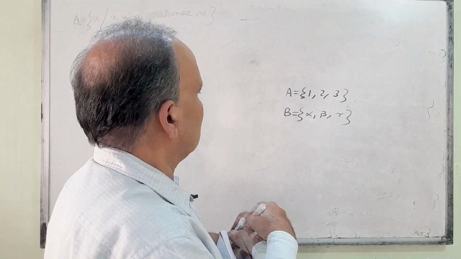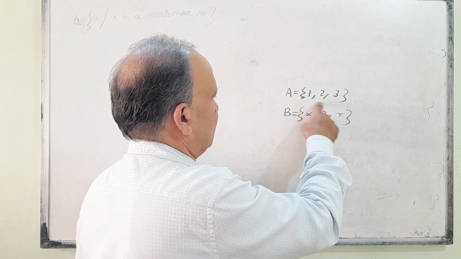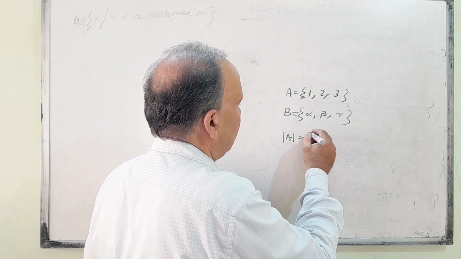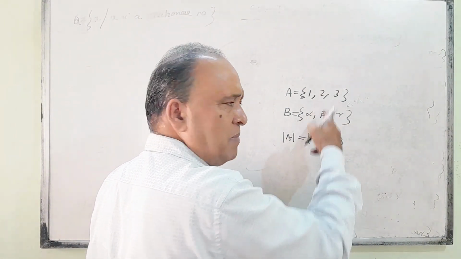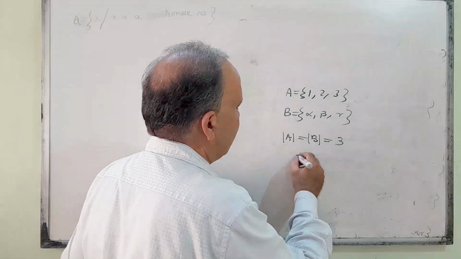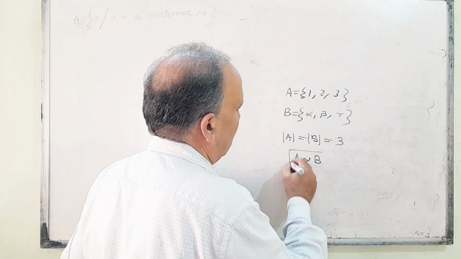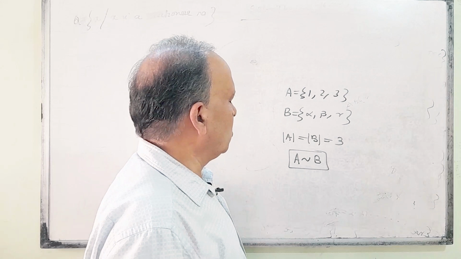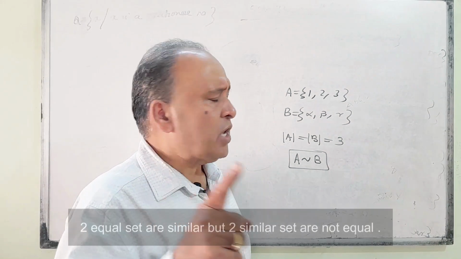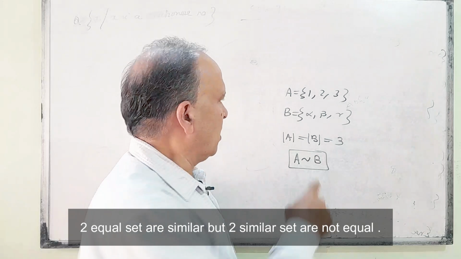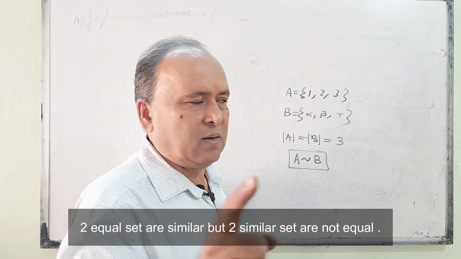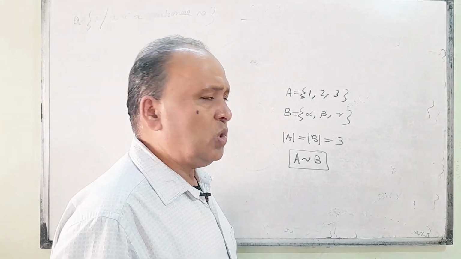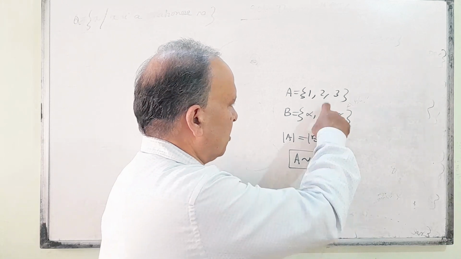Here A and B are two sets with the same number of elements. The order of A is equal to the order of B, equal to 3. So we can say A is equivalent to B, or A is similar to B. These are equivalent sets. Next, two equal sets are always similar, but two similar sets may not be equal.